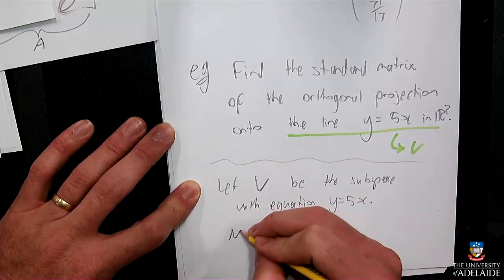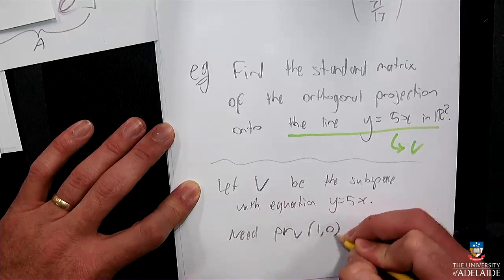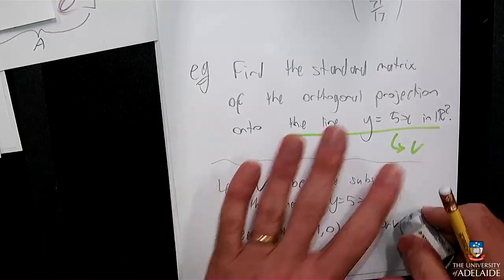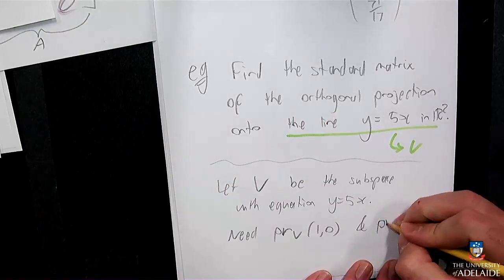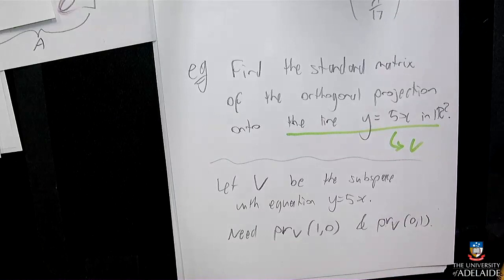What we need is the projection onto V of (1, 0) and the projection onto V, I always put the V in the wrong spot, the projection onto V of (0, 1). Once we have those two answers, they will be the columns of the standard matrix.